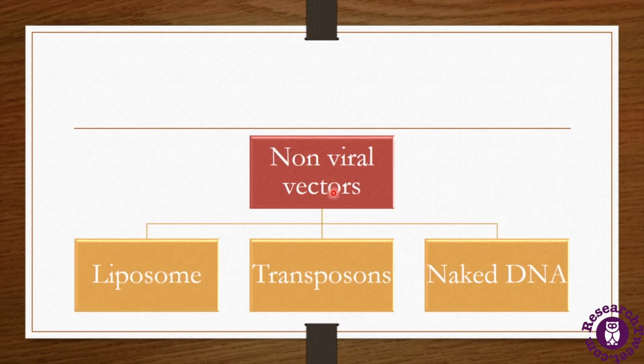Now the second type are non-viral vectors, which do not contain viruses. There are several types of non-viral vectors, which are liposomes, transposons and naked DNA molecules, and all these are used as a vector for the process of gene therapy.